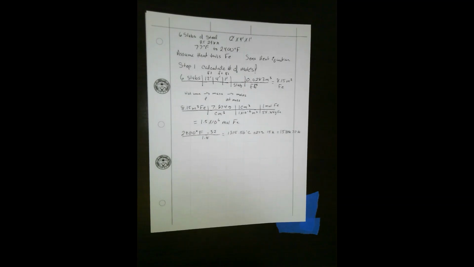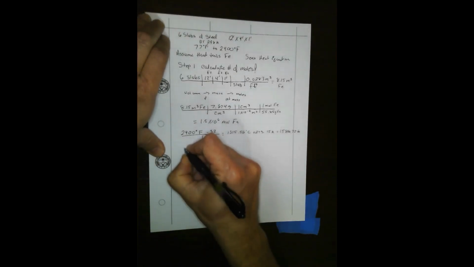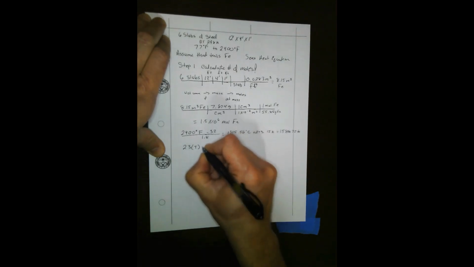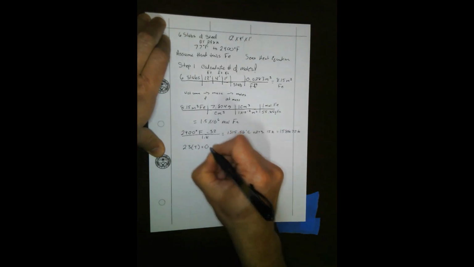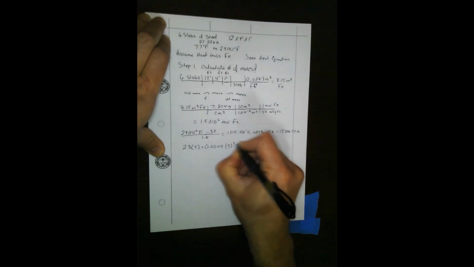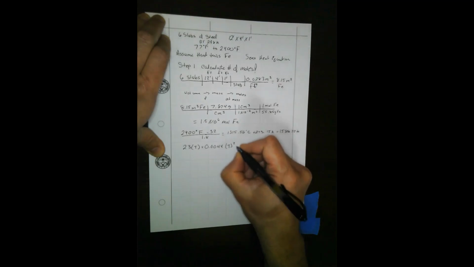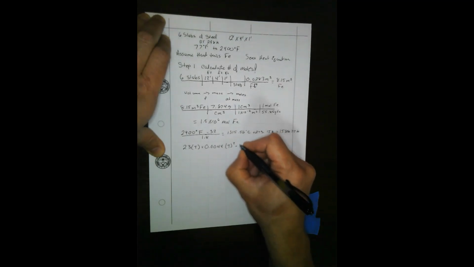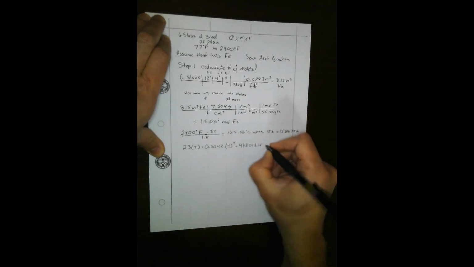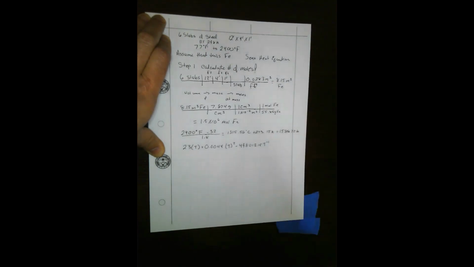It is 23T plus 0.0044 T squared minus 498,013.15 T to the negative 1.